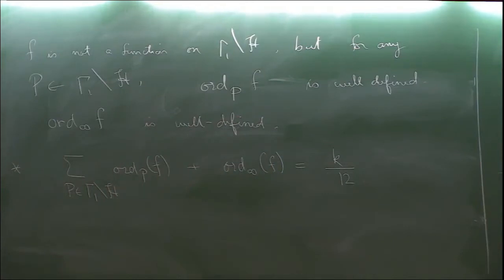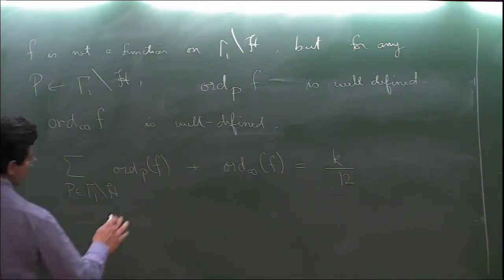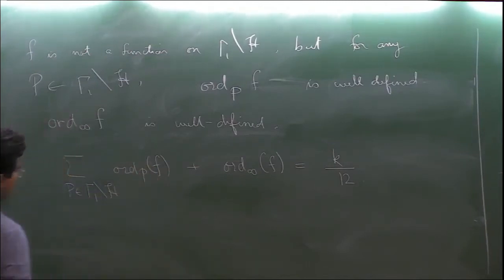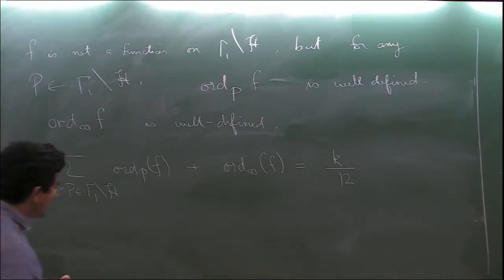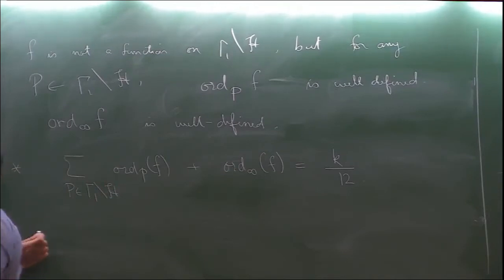Okay, so that's the thing that appears. And how does this proof go? Well, you look at all the possible zeros of f inside the fundamental domain. So I should say something about the stabilizer of each point.